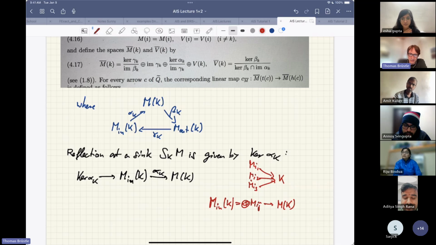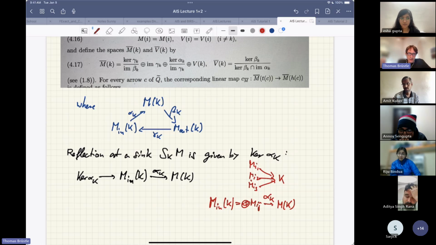Everything that goes into K, I take the direct sum of everybody here. And we collect the linear maps that I have given in the representation into one matrix, which I write here. And this one matrix, they call it alpha_K.